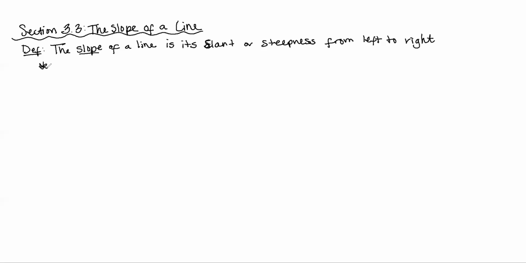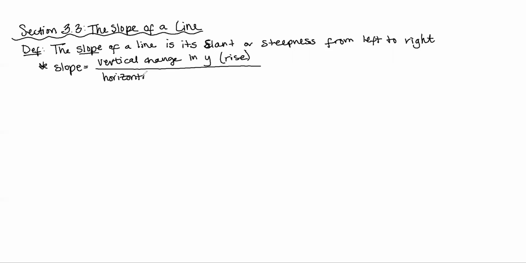So the first equation for slope is the vertical change in y, because our y is our vertical axis, or the rise, over the horizontal change in x, because our x-axis is horizontal. And this is our run. So you run horizontally, you rise up and down, so rise over run.